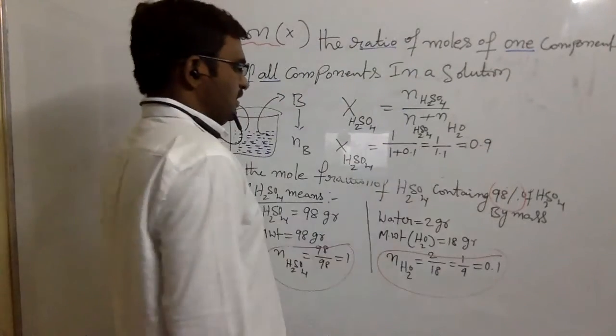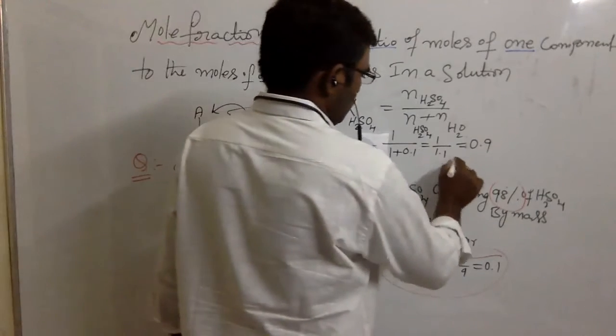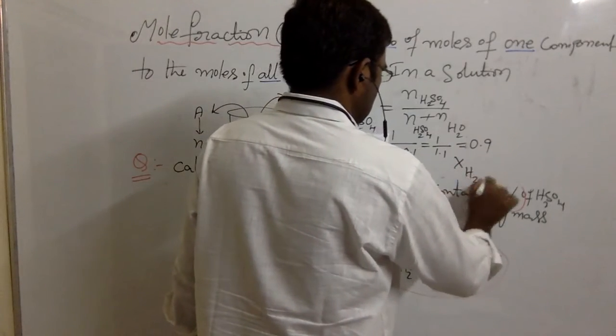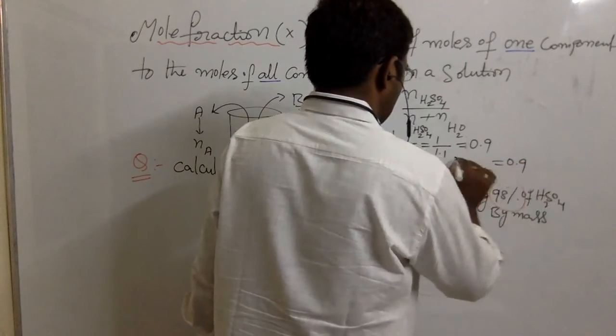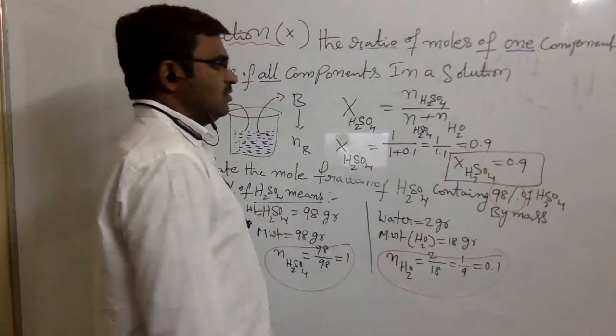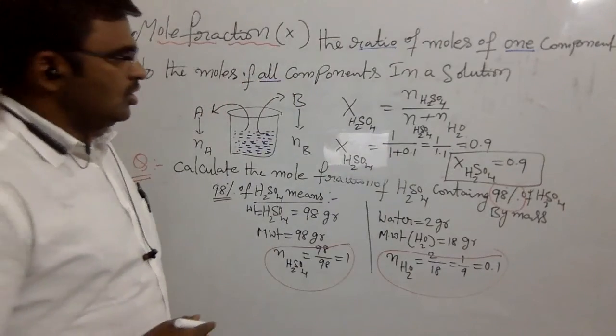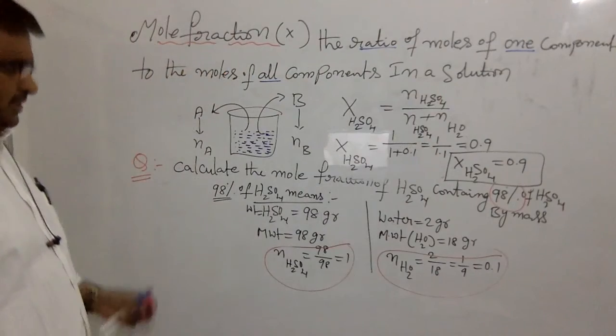So that is the mole fraction of sulfuric acid. Finally, the mole fraction of sulfuric acid is equal to 0.9. Here mole fraction has no units. Remember it, no units. Mole fraction has no units.